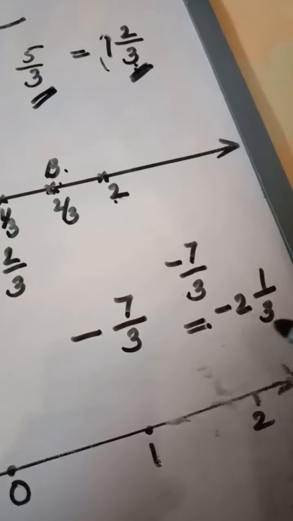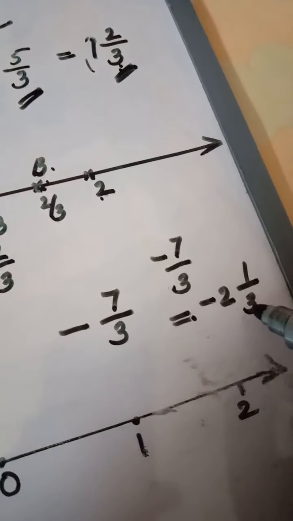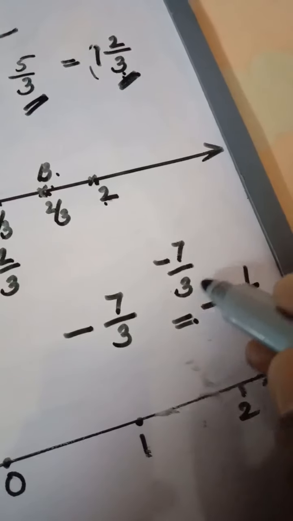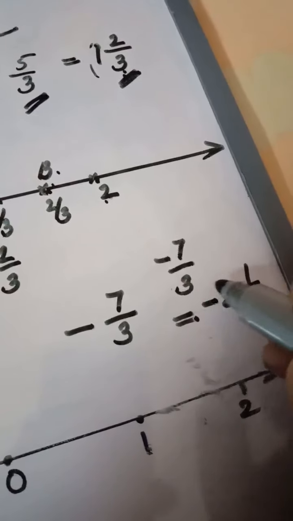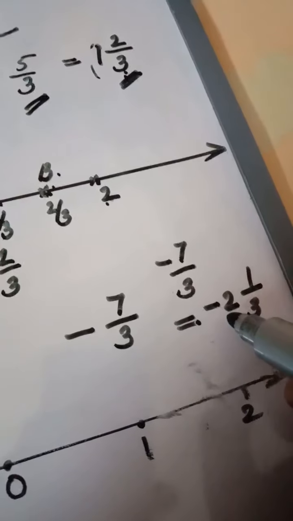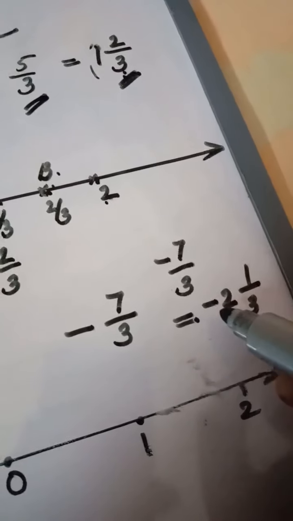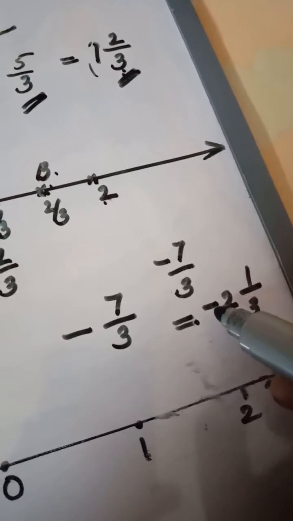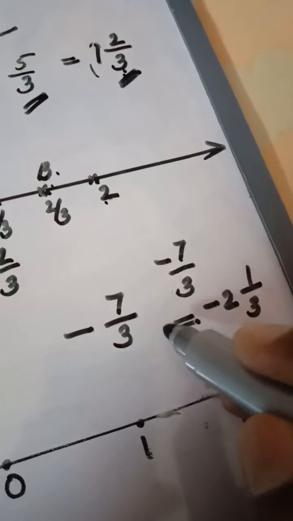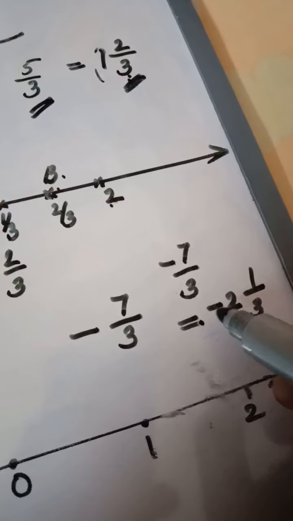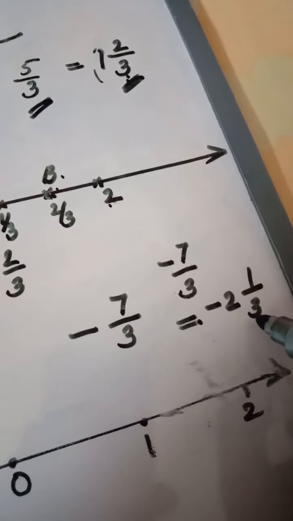Now to represent this rational number on the number line, we can see that in the whole number part we have minus 2. In the case of negative integers, what we have to do is take minus 2 and minus 3, and divide the portion between minus 2 and minus 3 into 3 equal parts.